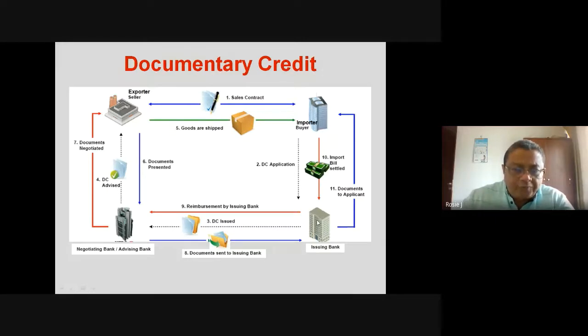So because of that, in this LC that he is issuing, he will put a clause and tell his bank, advise this LC to the exporter, this is People's Bank, advise this LC to the exporter, right?